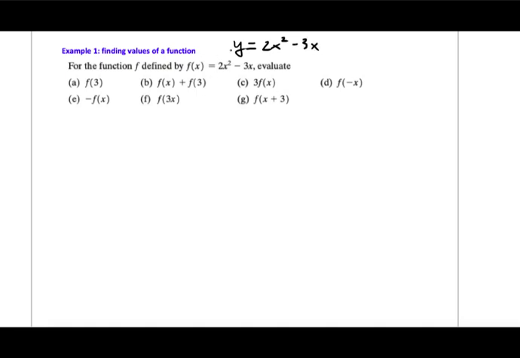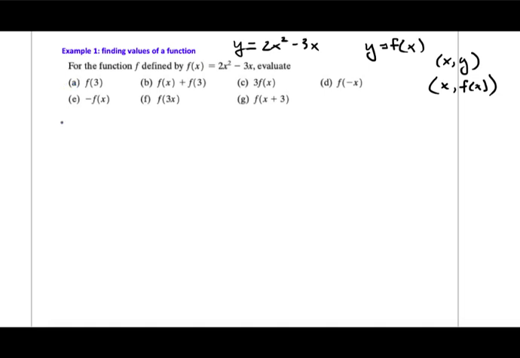So f of x and y are often interchangeable. y is equal to f of x. We can even talk about ordered pairs as x and f of x instead of x and y. Just some notational items, so don't be confused if you see this sort of notation.